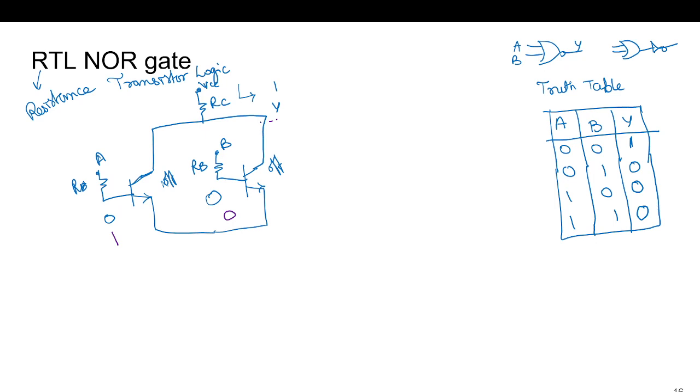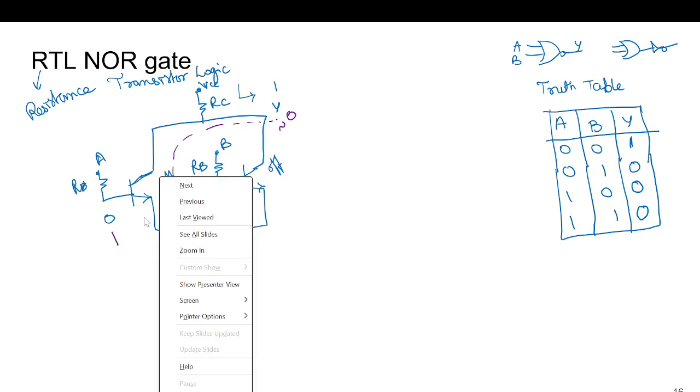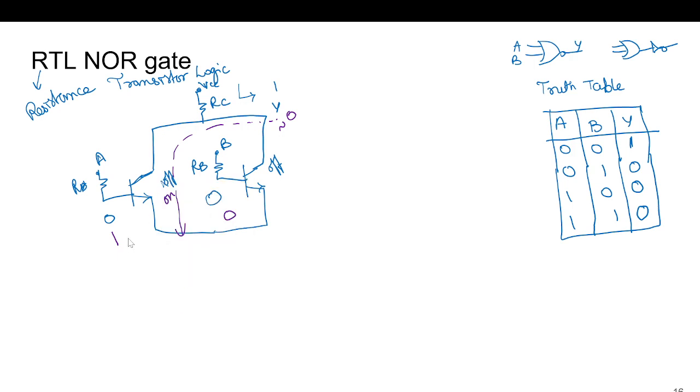So there will be a path for this Y to go to 0. So it will be logic 0, but with a drop of 0.2. So in this way we can achieve a NOR operation using the BJT.